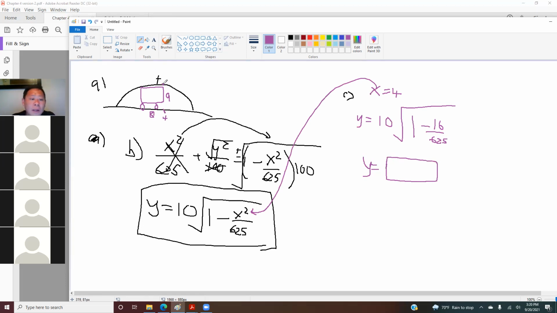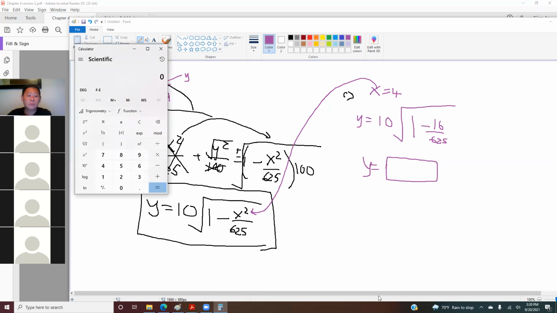This is the y value that you calculate here. 1 minus 16 over 625, then you take the square root of it, and then multiply this by 10.